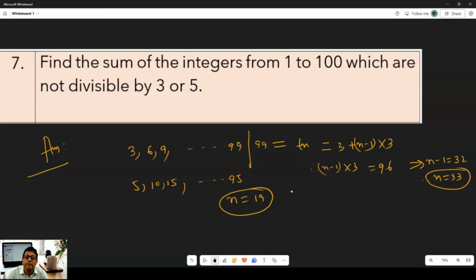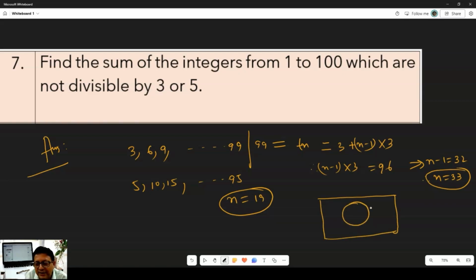But there is a problem. When you have considered divisible by 3, some terms are divisible by 15. Sometimes when you consider divisible by 5, they are divisible by 15 also. So what you have to do there, you have to exclude terms divisible by 15, because divisible by 15 I am considering here, and divisible by 15 I am considering here. That cannot be. If you go by set theory concept, it is like this.